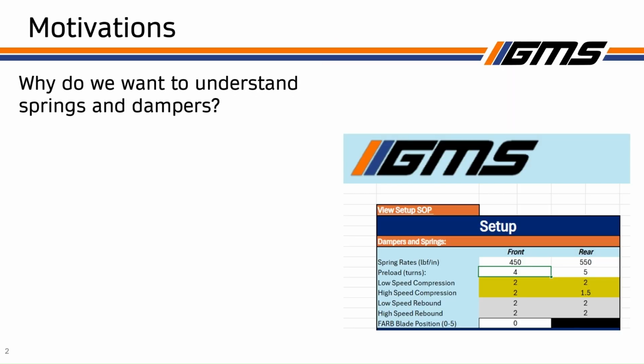So real quick, let's talk about some motivations as to why we want to understand our springs and dampers. Firstly, we want to be able to normalize a car for future testing, to compare how the car feels now to past and future, and be able to actually compare apples to apples if other things are changing on the car.